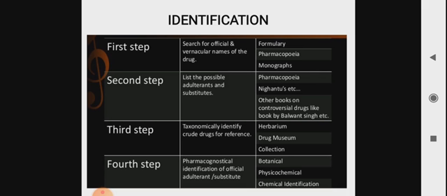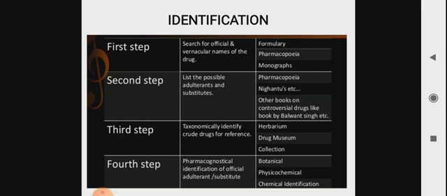So simply try to find out, and prepare their specimen for deposit in the herbarium for future reference, for future correspondence. Prepare the herbarium as per standard specification and guidelines, and the herbarium specimen is placed or deposited in the drug museum or the herbarium of Government of India, for example, Botanical Survey of India.